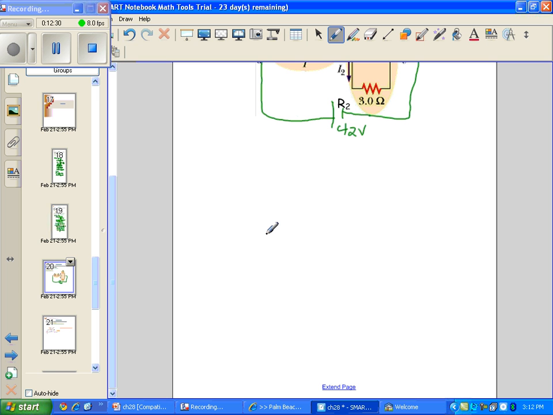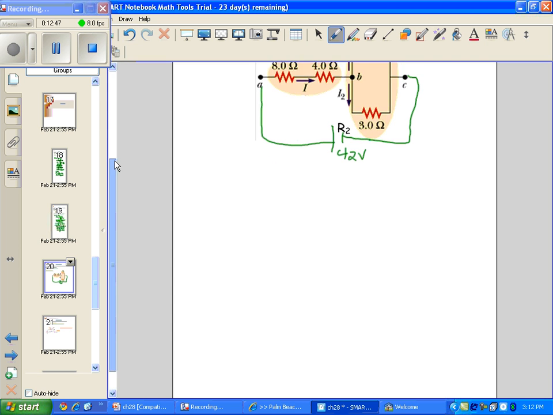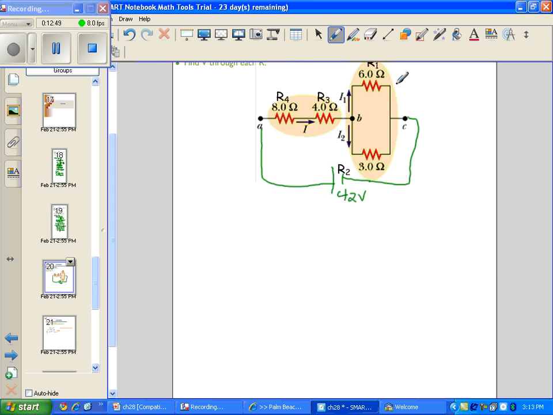Let's proceed. The first thing we want to do is to look for or recognize arrangements of parallel or series for our resistors. If we come up here, we can see that resistor R1 and resistor R2 are connected in parallel.